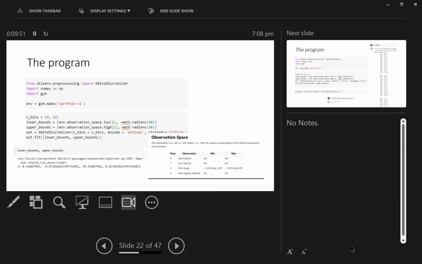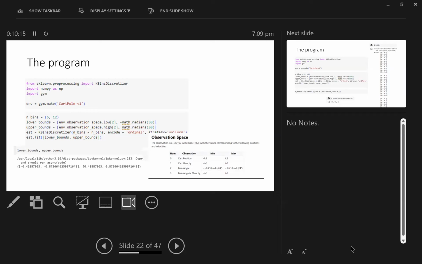So these two are measured in terms of radians, even though you see what is equivalent to say 24 degrees, and this is minus 24 degrees and a positive 24 degrees. So you can imagine that you have a pole here.